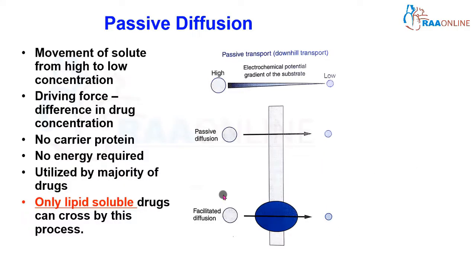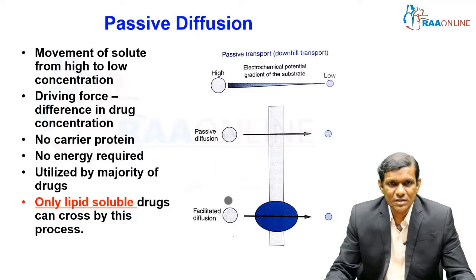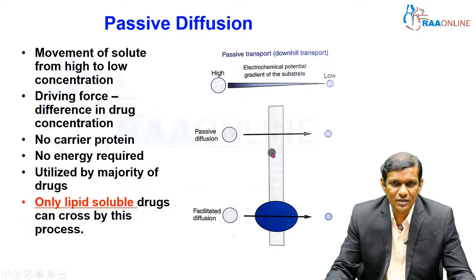Passive diffusion is just the movement of a solute from high to lower concentration without any involvement of energy or any carrier protein. Nothing is needed. The drug passively diffuses through the cell membrane. If the drug has to cross the lipid bilayer, it should possess lipid solubility.